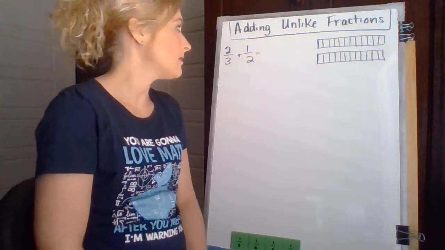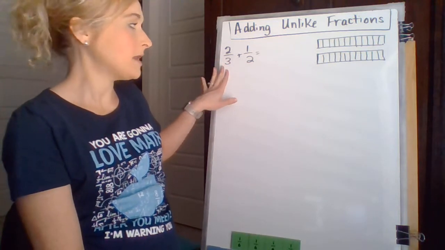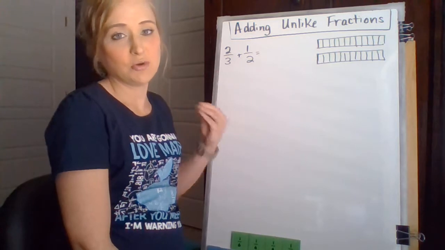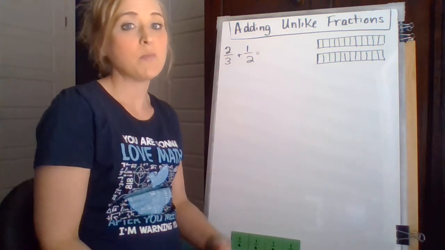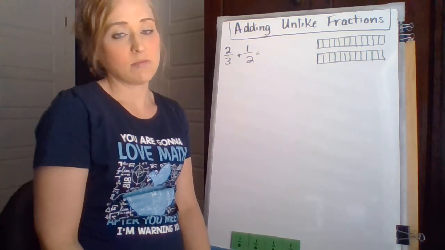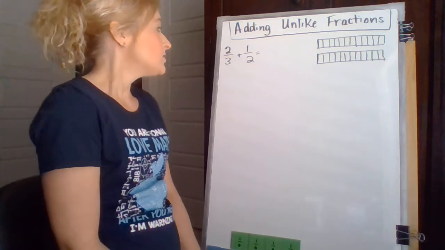The biggest thing that you need to think about is finding a common denominator. You need to find a common multiple of these two numbers that can be your common denominator.